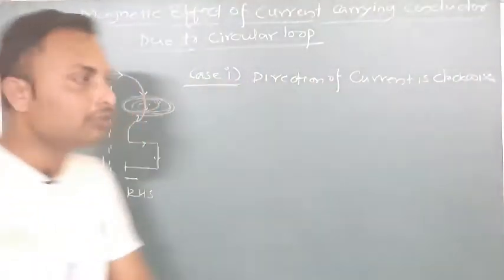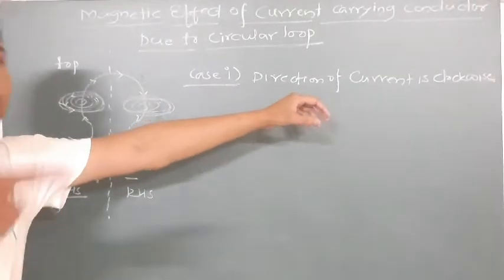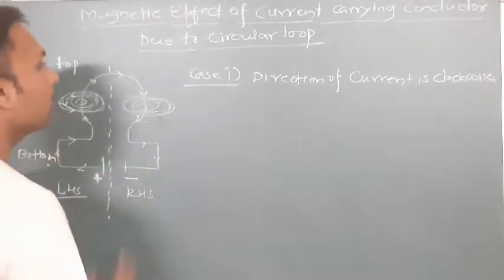Well students, now in the first case, the direction of current is clockwise. We studied the LHS. Now we have the RHS.